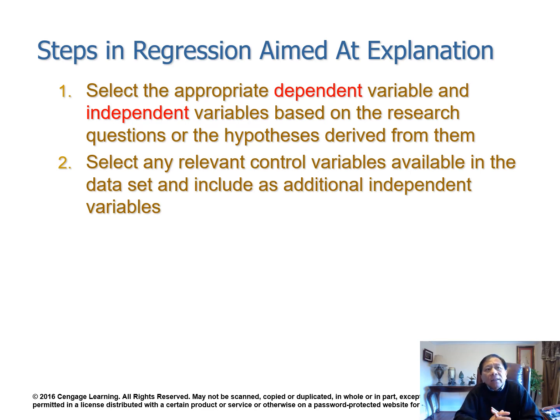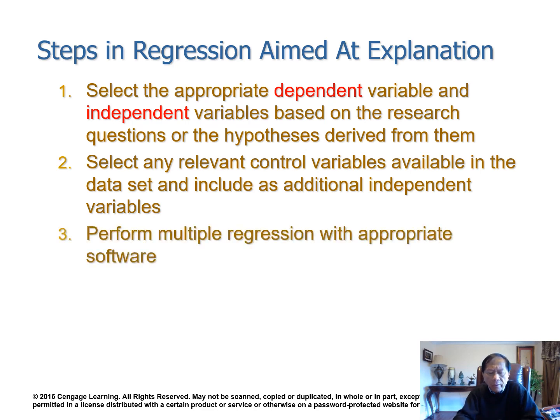And you can select some independent variables, like demographics and other things. Based on your research question, you can select any relevant control variable available in the dataset and include it as an additional independent variable.